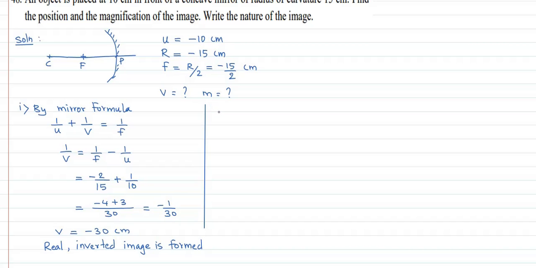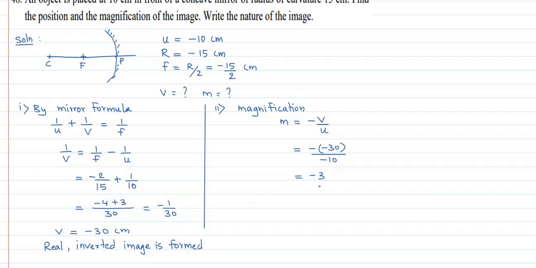Now second, magnification. Magnification is given by the formula m is equal to minus v by u. If you substitute, v is minus 30, u is minus 10. You'll get magnification m is equal to minus 3.